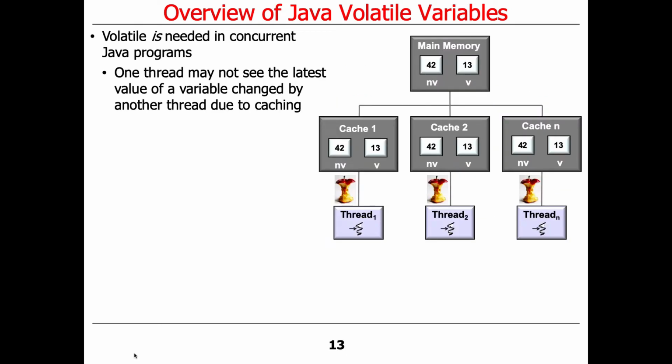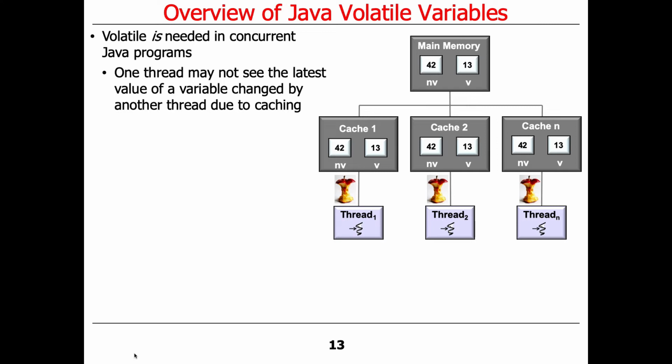And the reason for this is that one thread may not see the latest value of a variable that's changed by some other thread due to caching effects. So let's assume, for sake of argument, that we've got the following. We've got 3 threads running on 3 different cores, and at some given point, they've all got caches that reflect what's currently in main memory.